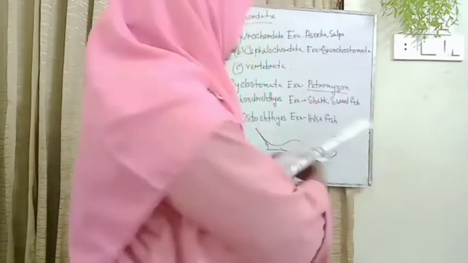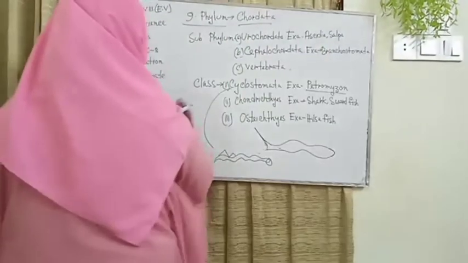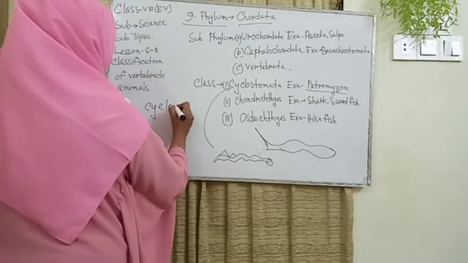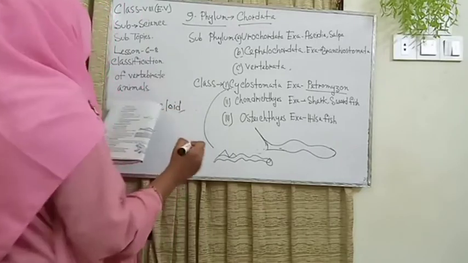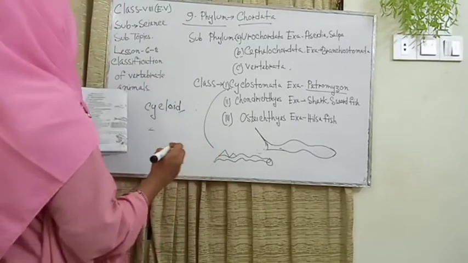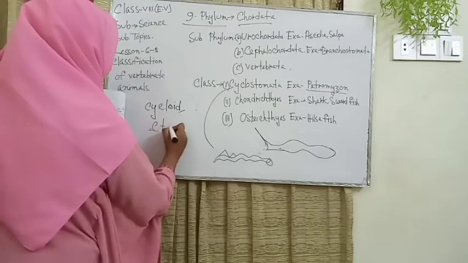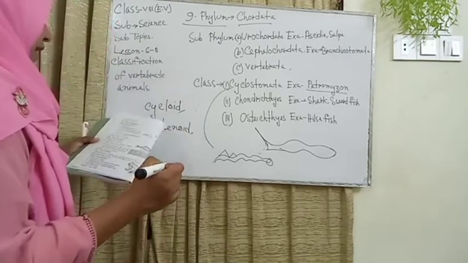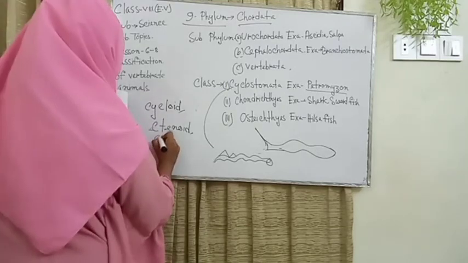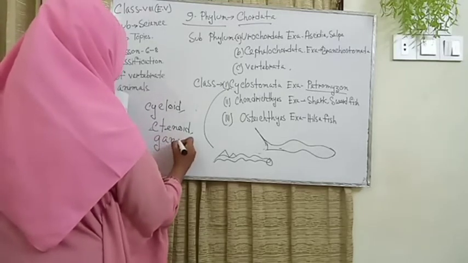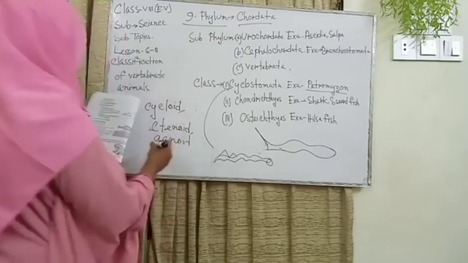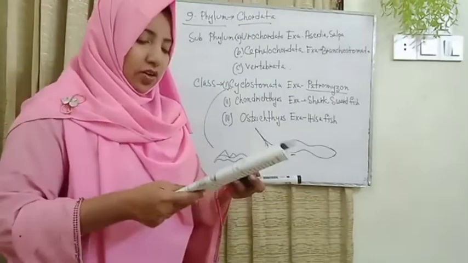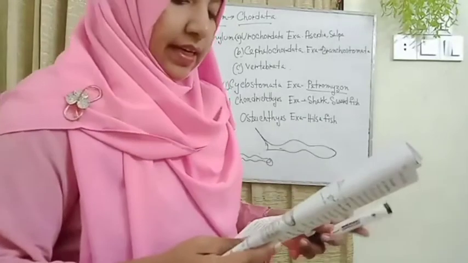I just drew this. The first is the cycloid scale. The second is the ctenoid, spelled C-T-E-N-O-I-D, pronounced tenoid. Another is the ganoid. Basically, their skin is of this type, and some are also without scales.